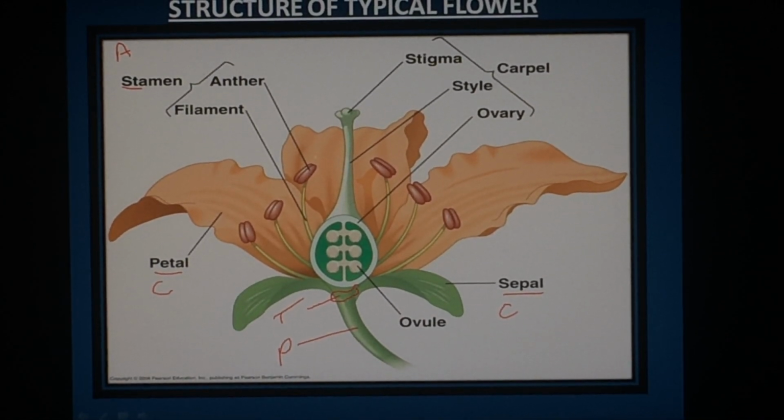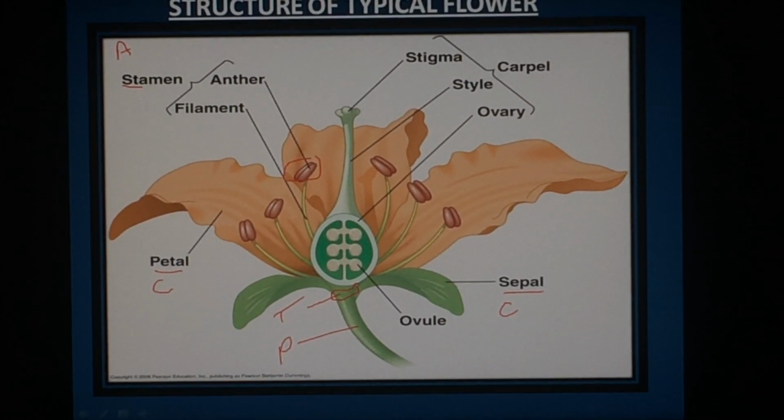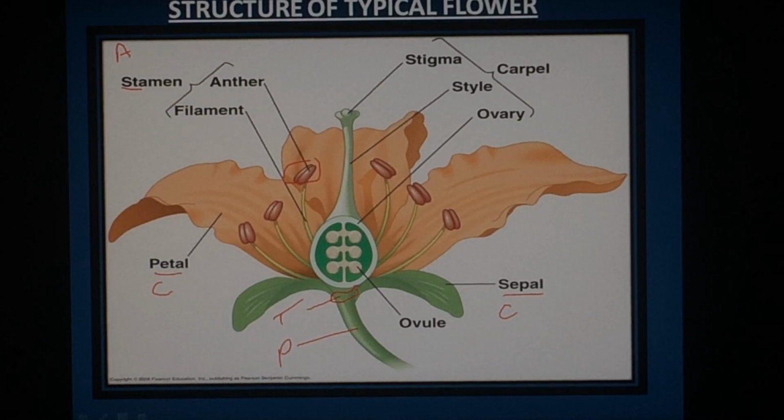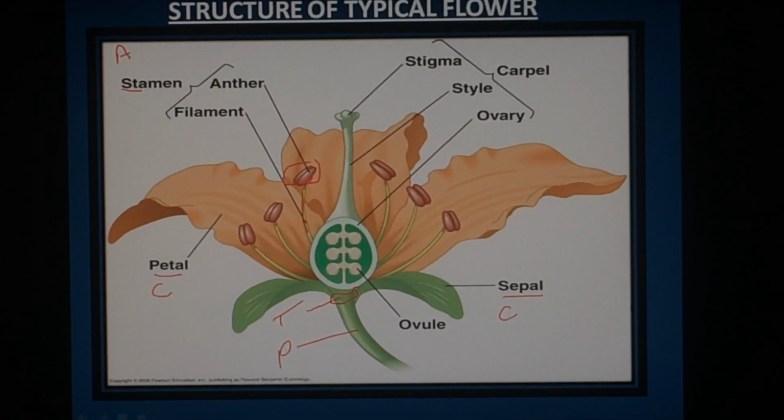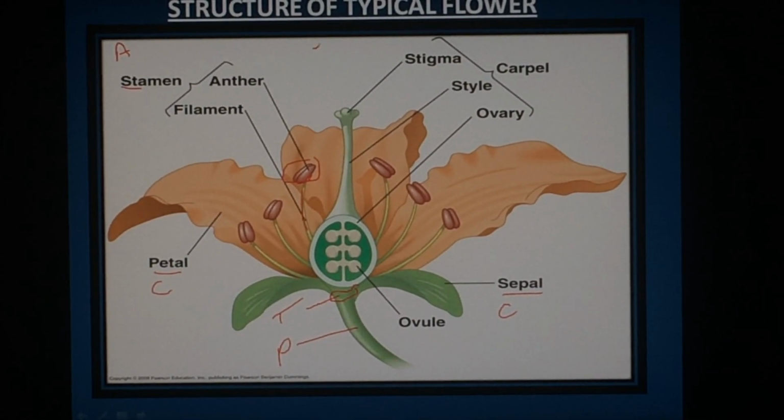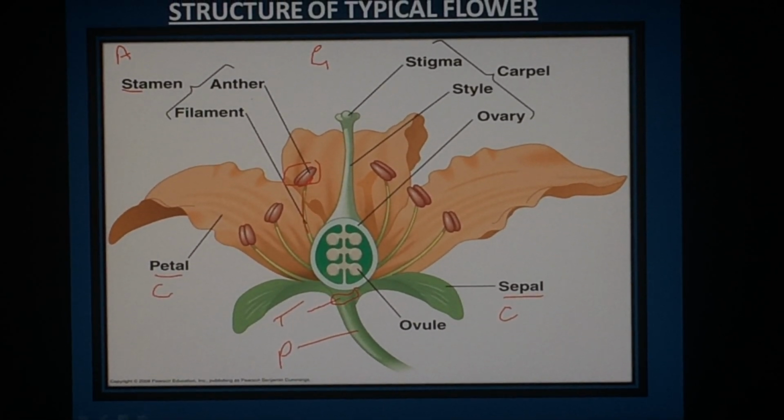Stamen parts are bilobed anther, filament, which are connected by connective, and gynoecium. Its units are carpels.